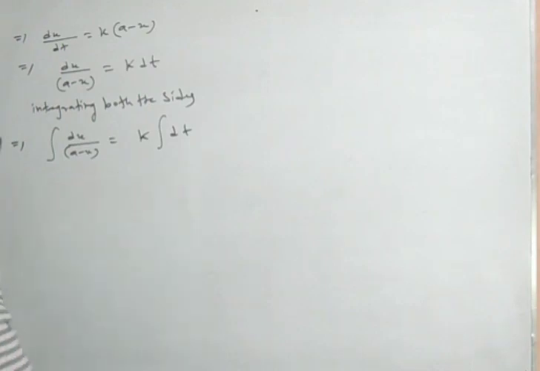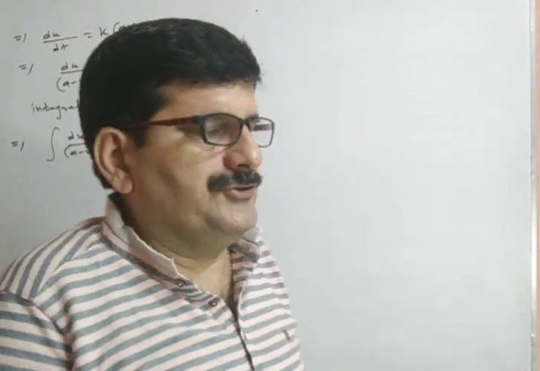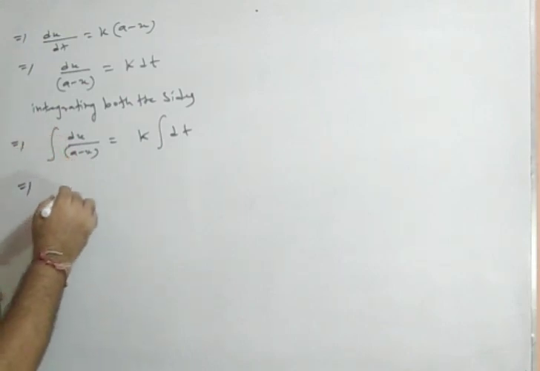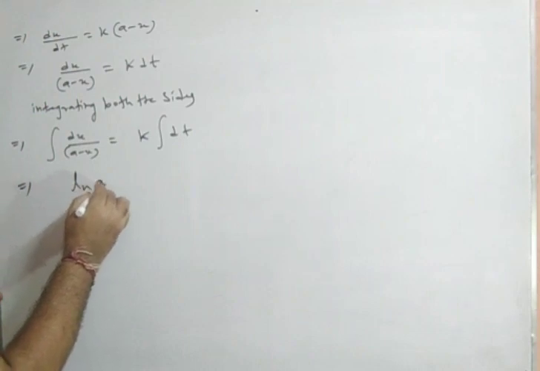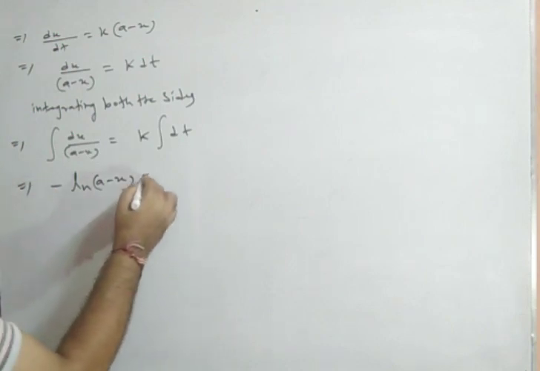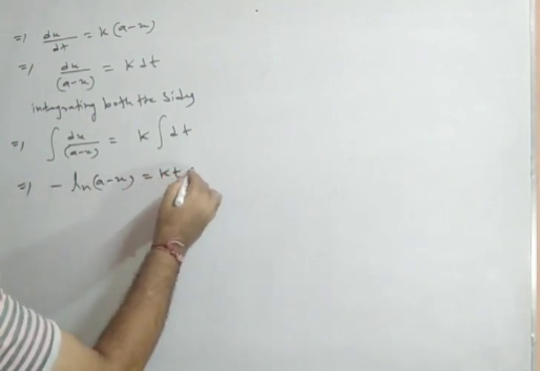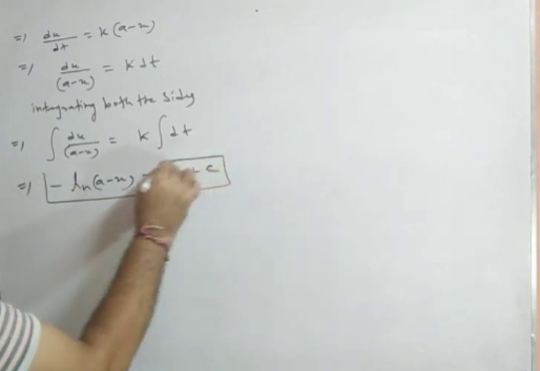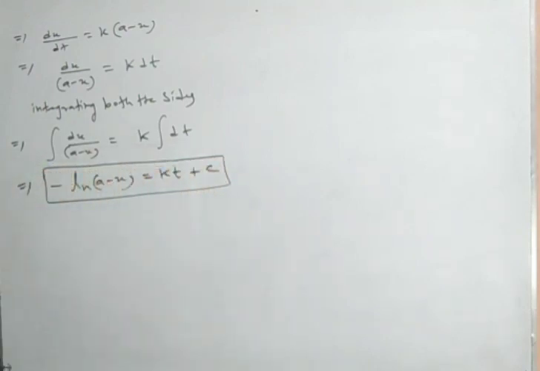This is said to be an indefinite integration. So the integration of dx by (a minus x) is equal to what? Minus ln (a minus x) is equal to kt plus c, where c is called constant.